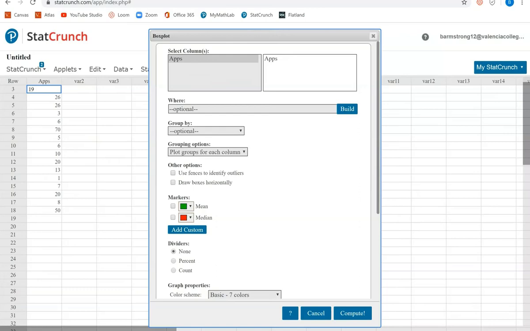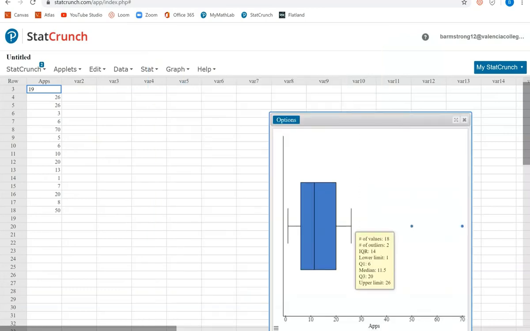If you hover on things, it gives you some nice information about your box and whisker plot. You can see the number of values was 18. The number of outliers is 2, which we talked about. The interquartile range was 14.